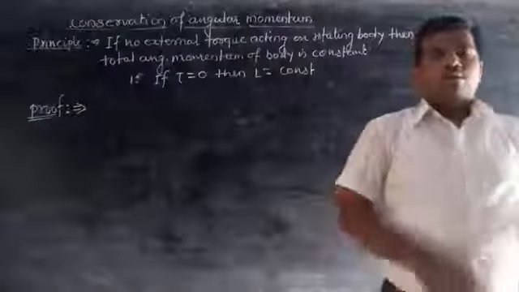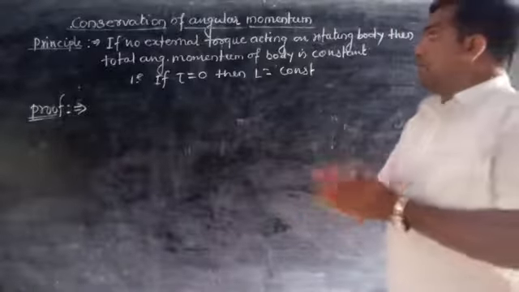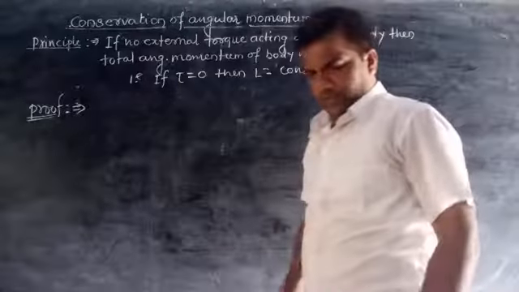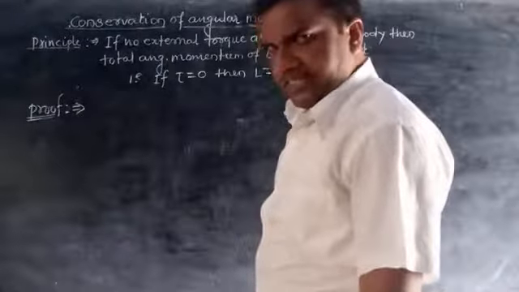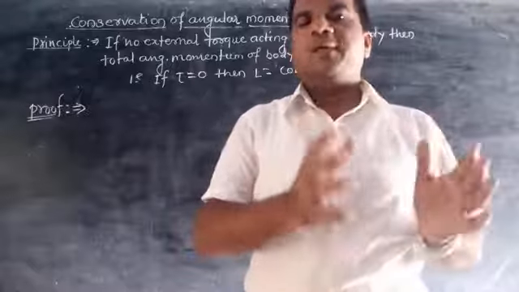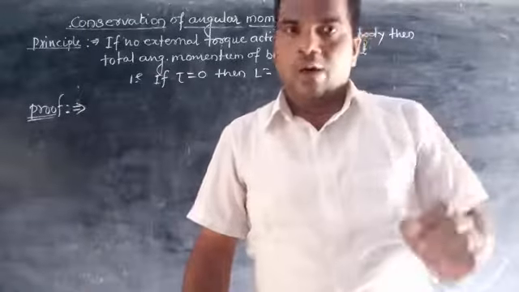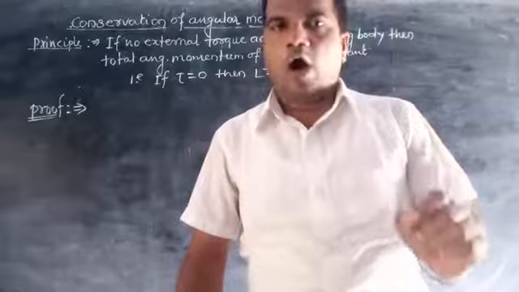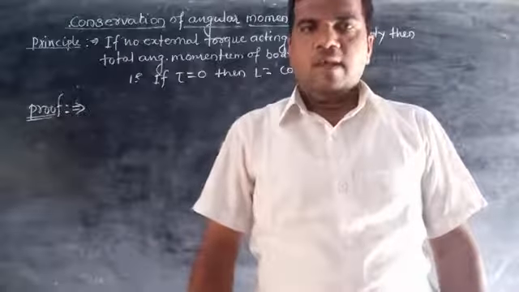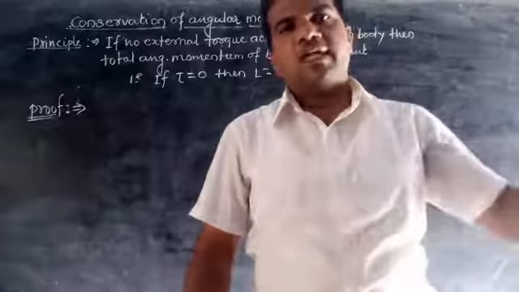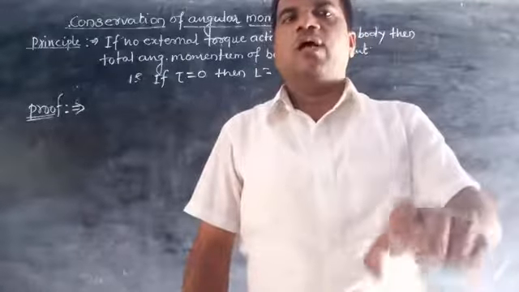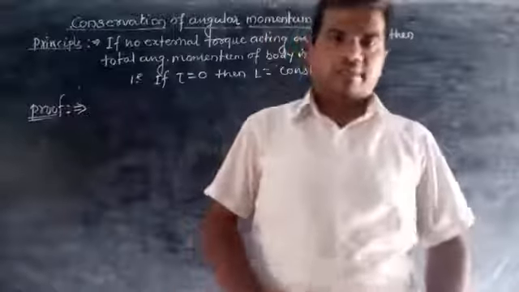Now we see the conservation of angular momentum, or the principle of conservation of angular momentum. The principle of conservation of angular momentum states that if there is a rotating body, then it possesses angular momentum. Now if the external torque tau acting on the rotating body is 0, meaning there is no external torque acting on the rotating body, then its total angular momentum is constant or conserved.